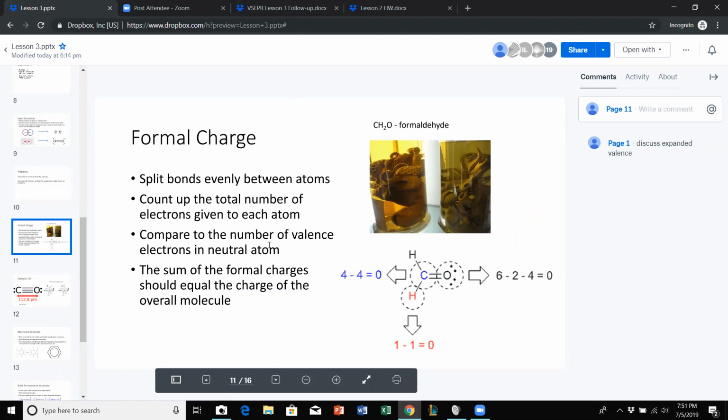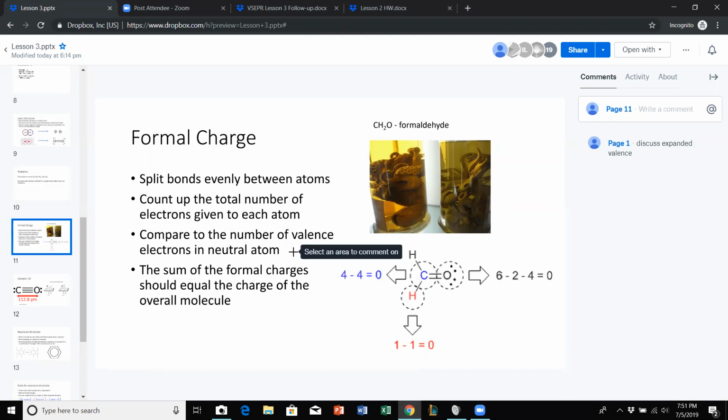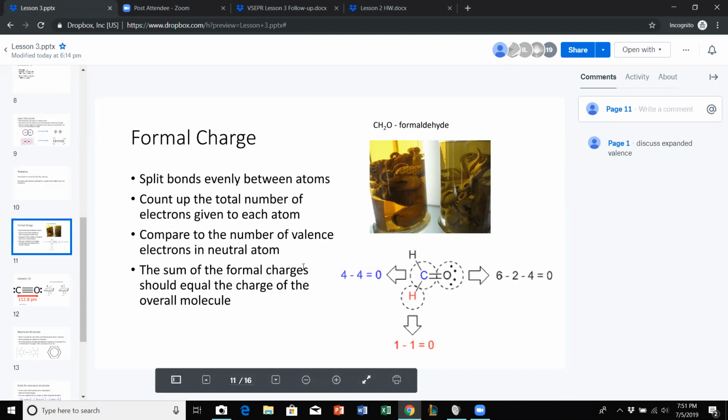And then you compare this to the number of valence electrons in the neutral atom. So if it has more electrons, it has a minus charge. If it has fewer electrons, you get a plus charge. And one important thing to note is that the sum of the formal charges should equal the charge on the overall molecule. Okay? I'll illustrate this with a few examples.